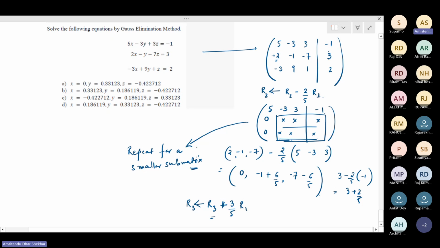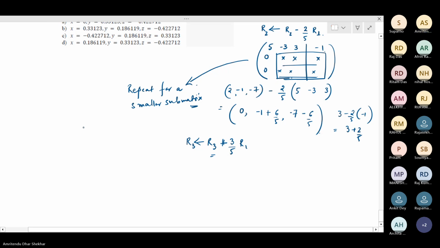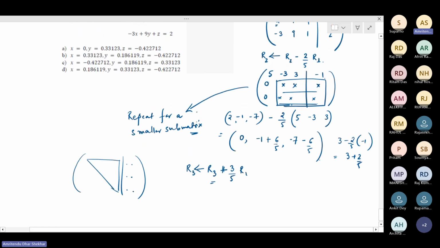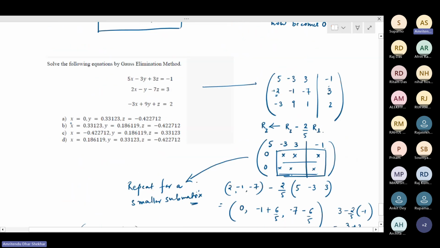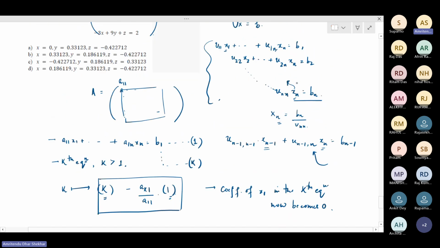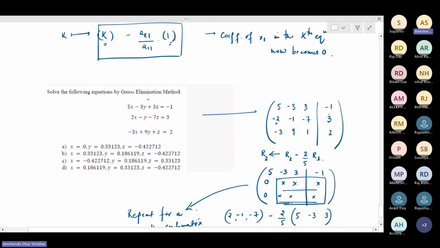Once you do that, you will eventually get a form where the entire matrix is an upper triangular matrix, and you have some entries on the right hand side. So once you've reduced it to the upper triangular matrix, your system of equations looks like this, and you can then easily apply substitution and get the values. So this is called the Gauss elimination.